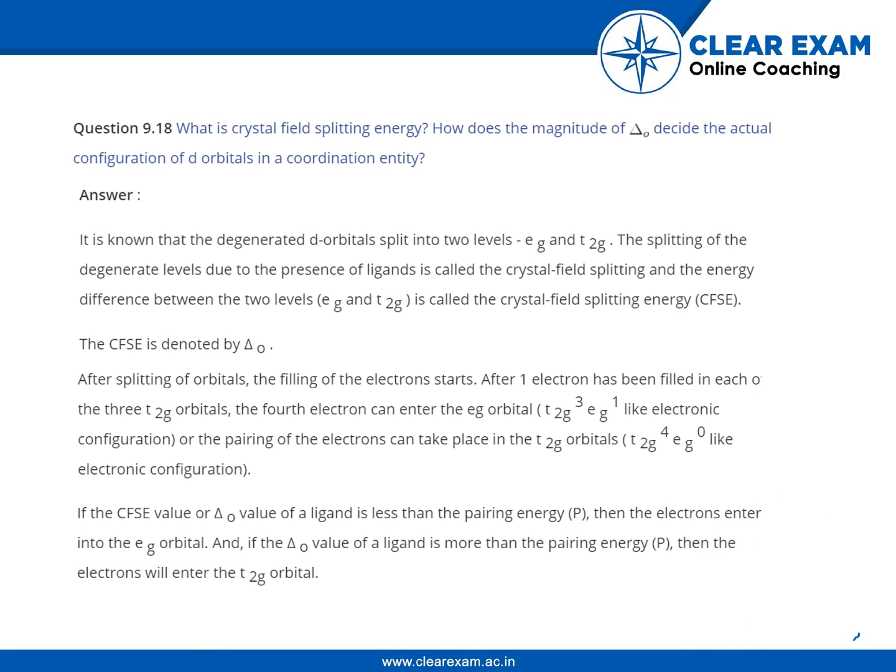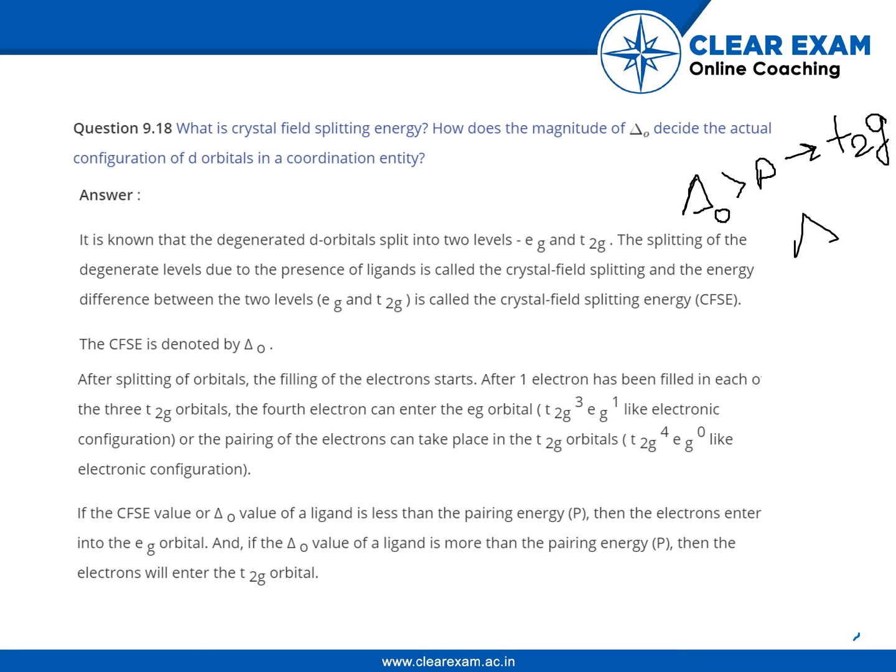Now, if the CFSE value, the delta naught value of a ligand, is less than the pairing energy, then the electrons must enter into the Eg orbital. And if the delta naught value of a ligand is more than the pairing energy, then the electron will enter the T2g orbital. Just remember this much: I will denote the pairing energy by P. If delta naught is greater than P, the pairing will take place in the T2g orbital, giving T2g4 Eg0.